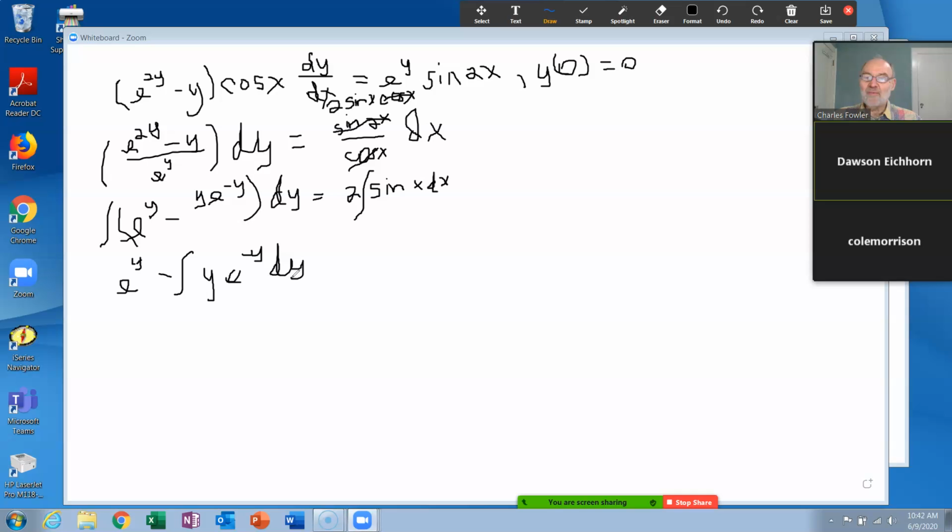Okay? And with integration by parts, what you do, and we're running out of time, we choose one u that we hope when we differentiate it's going to get simpler, and one dv that we hope when we integrate it, it's going to stay no worse than it was before.